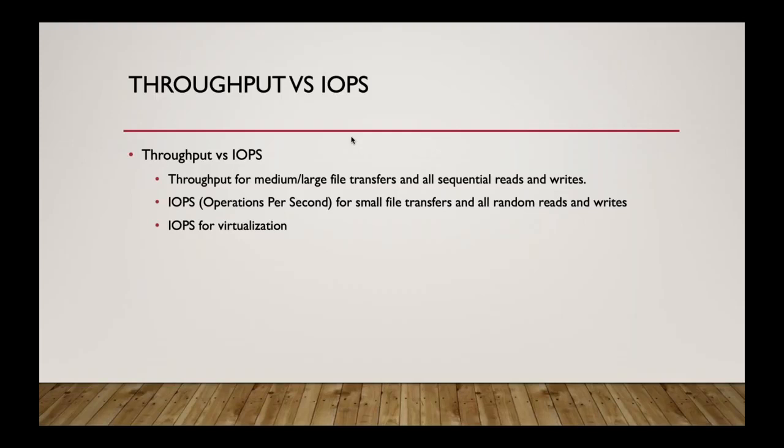So if you're trying to read thousands and thousands of files, the limit to how fast you can do that becomes more a matter of how many operations per second your NAS can handle, and that starts to matter more than megabytes per second when the files are very small. And just to throw this out there now, for virtualization, in most cases, IOPS matters more than throughput, though there are some exceptions.